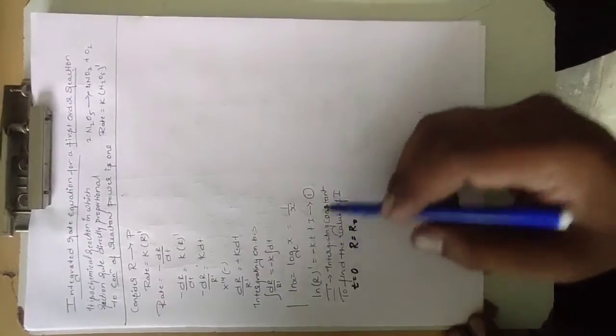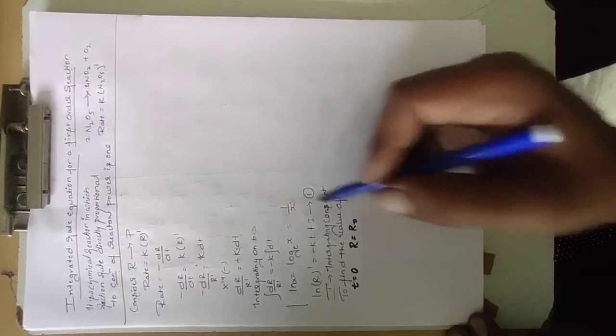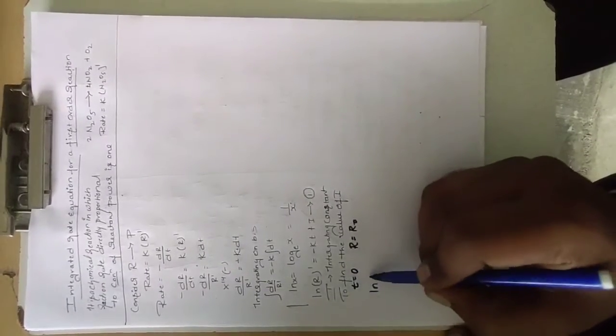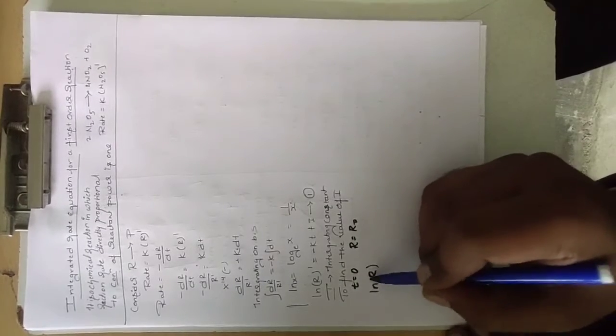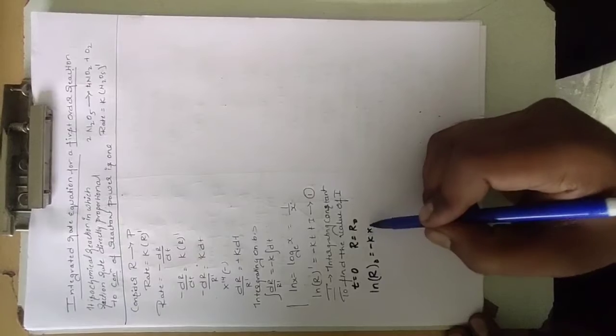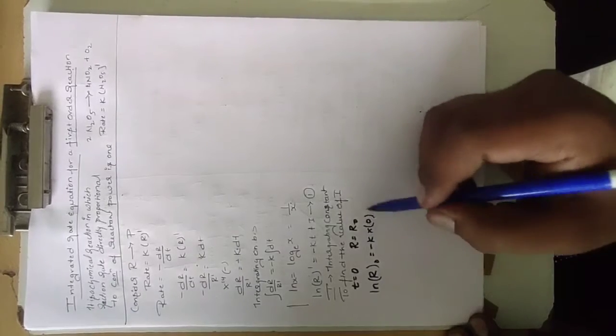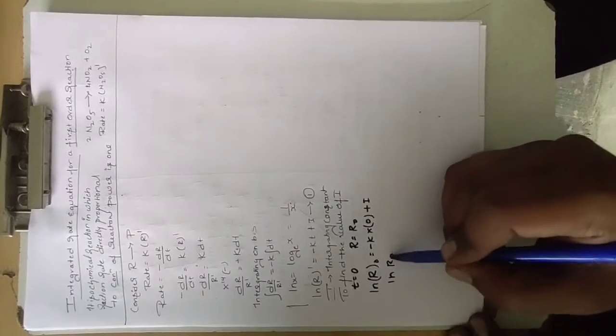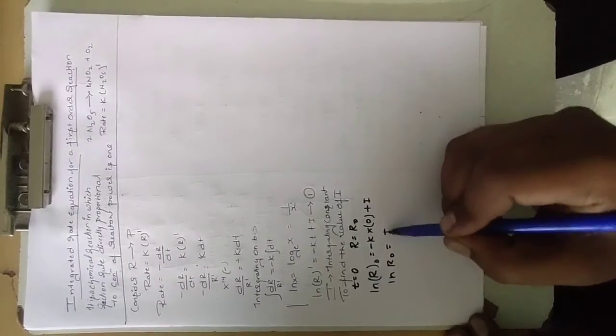Then what happens to the overall term in equation 1? ln[R] becomes ln[R]0 equals minus k into 0, since t equals 0, plus I. So we get ln[R]0 equals I, equation number 2.